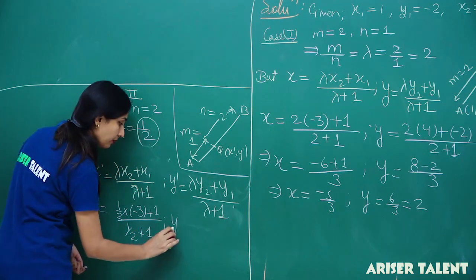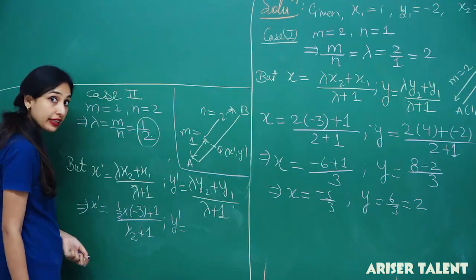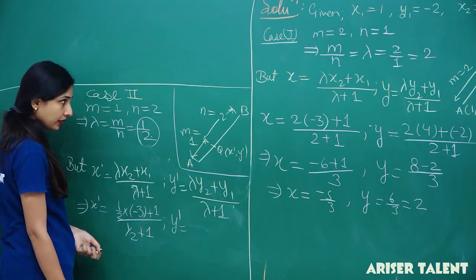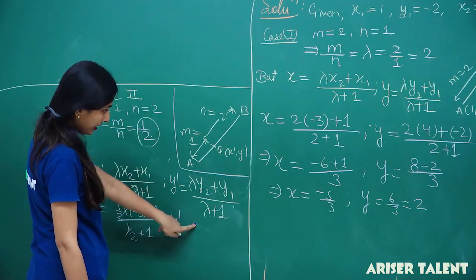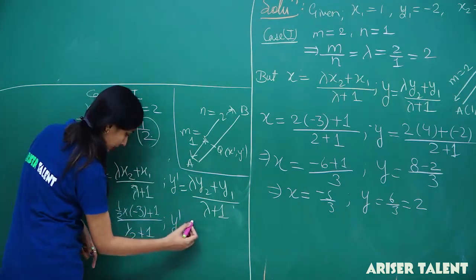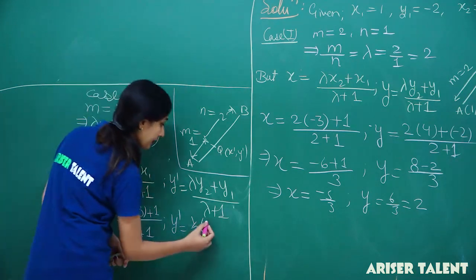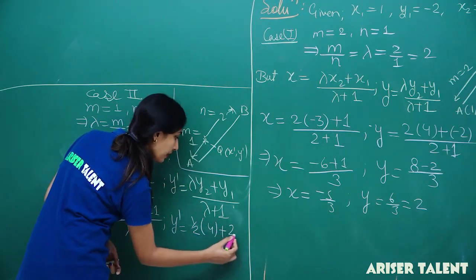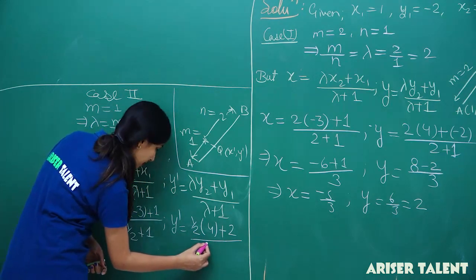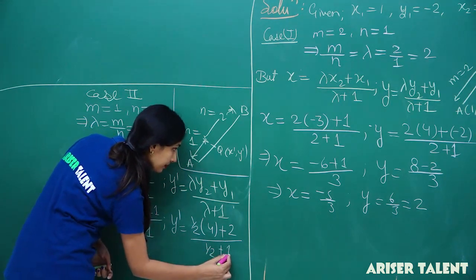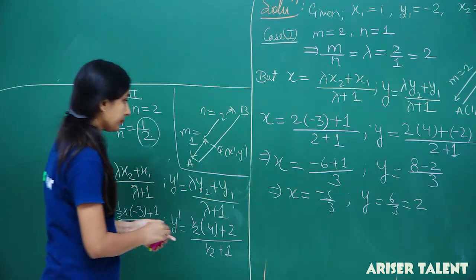Here that will be y dash equals, students, this lambda which is 1 by 2 multiplied by y2, y2 is 4 plus y1 is 2, and here that will be 1 by 2 plus 1, okay.